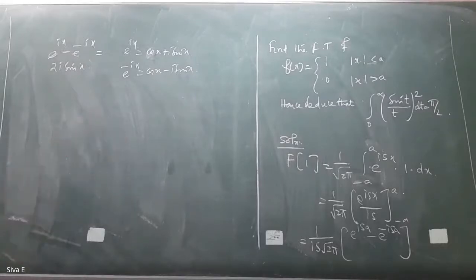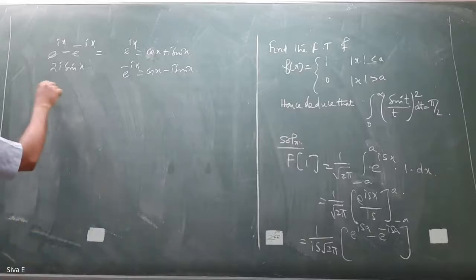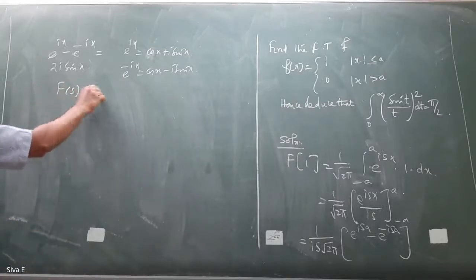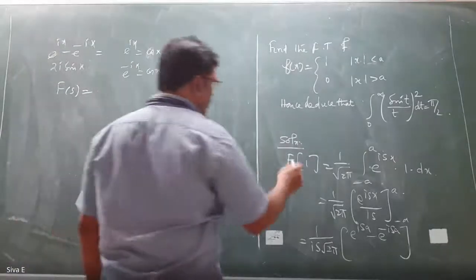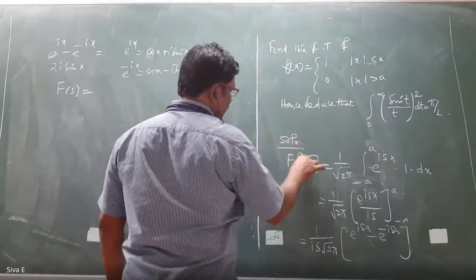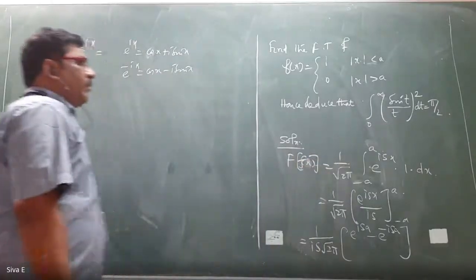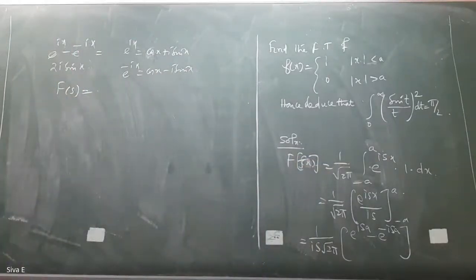Then e power isa minus e power minus isa can be written as 2i sin sa. So what is f of s here? The Fourier transform of f of x, defined in minus a to plus a.